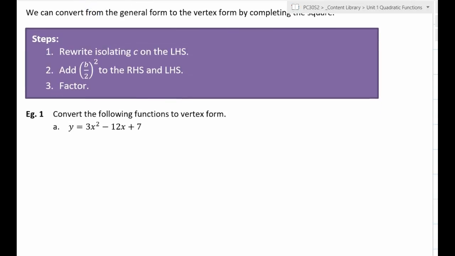Now I'm going to change these steps a little bit. So I don't like actually moving it onto the left-hand side. What I recommend you do is that we add this value to the right-hand side, but that's going to be inside the brackets.